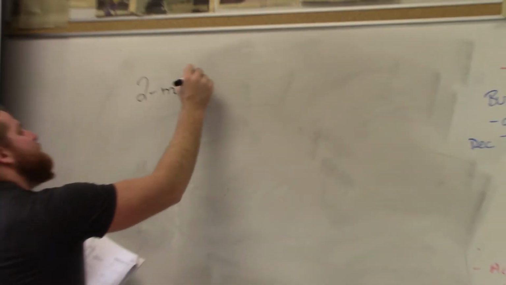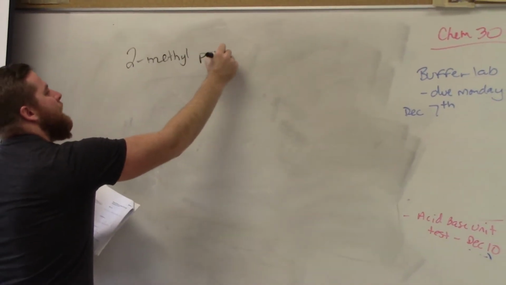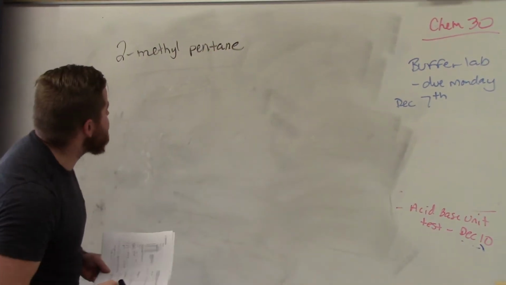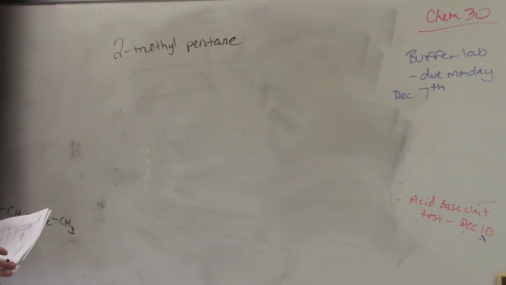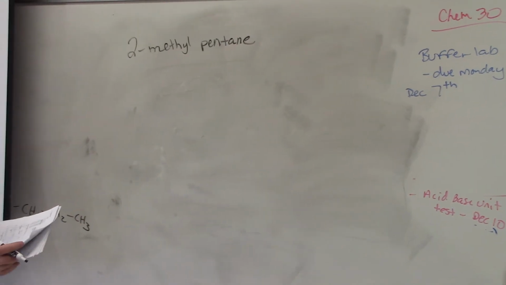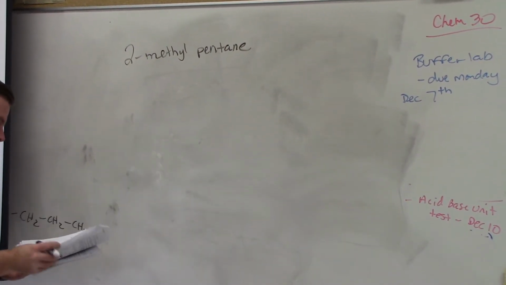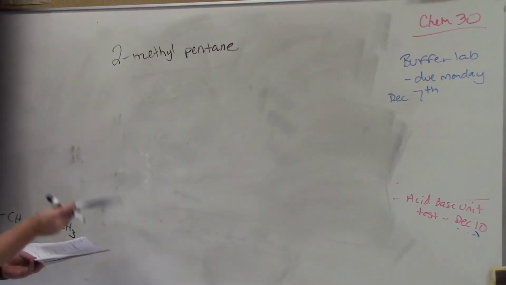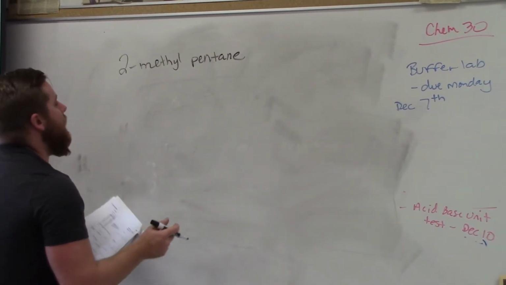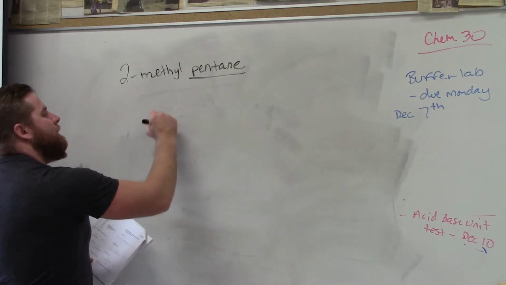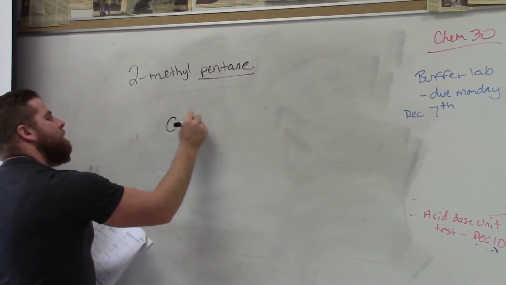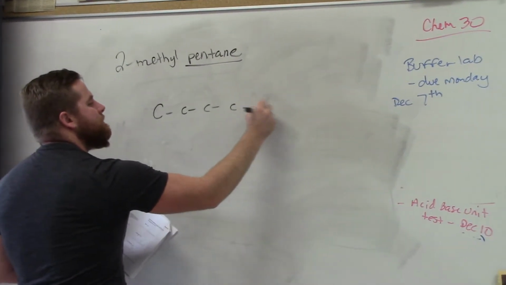So, let's do an example. So let's say this is 2-methyl-pentane. Okay? Your parent chain is 5 carbons.